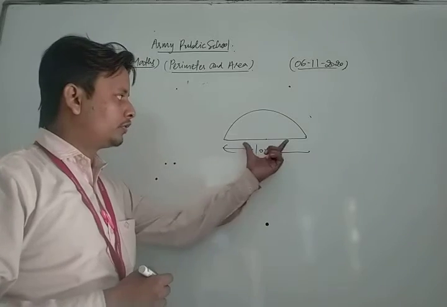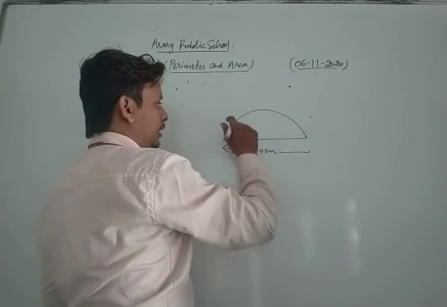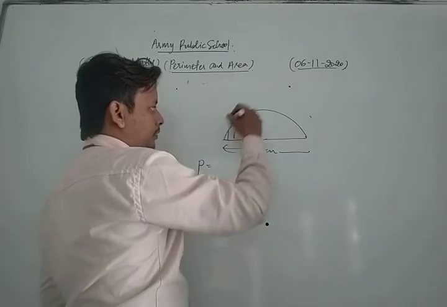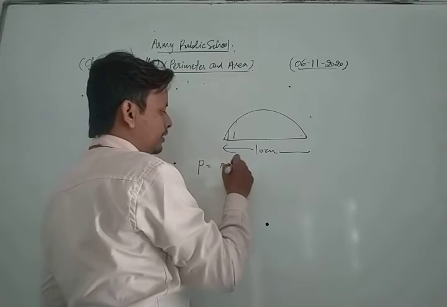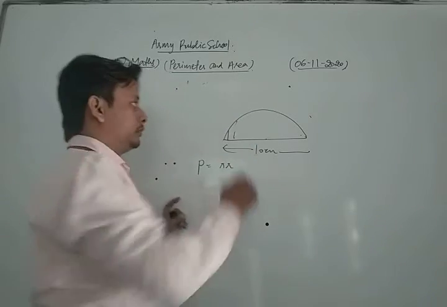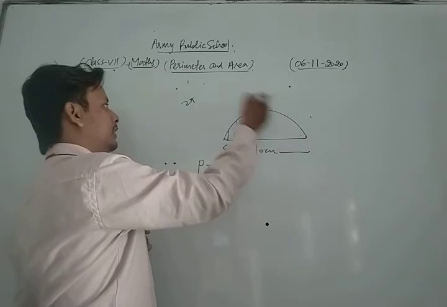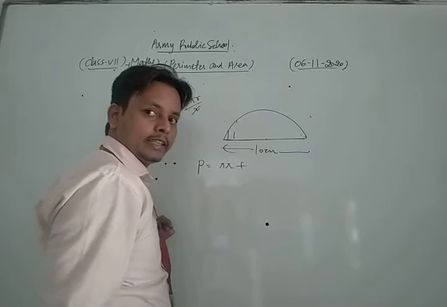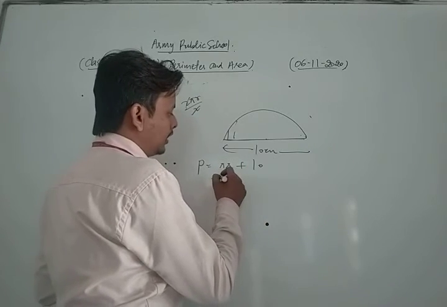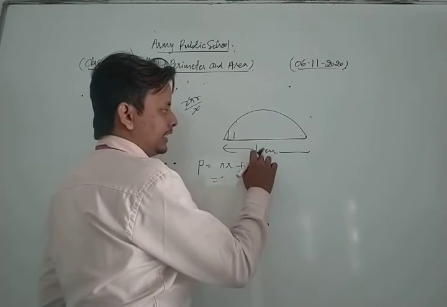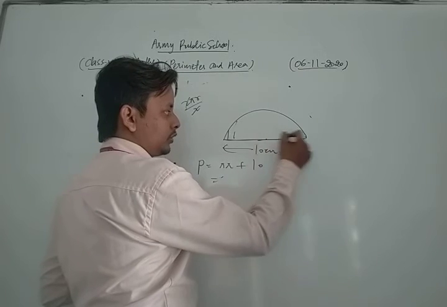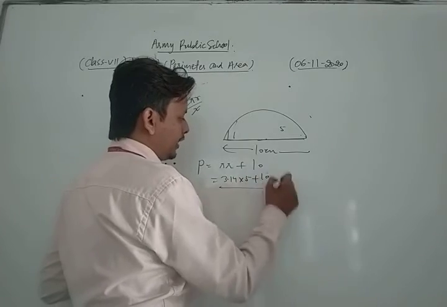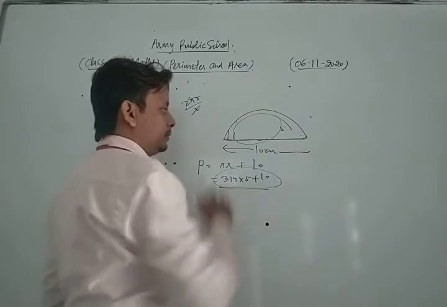The perimeter of the figure is the perimeter of the semicircle, which is the circumference of the semicircle, 2 pi r upon 2, that is pi r, plus the straight part, plus 10. Here the radius of the circle is 5. So you take 3.14 into 5 plus 10. In this way, you get the perimeter of that figure.